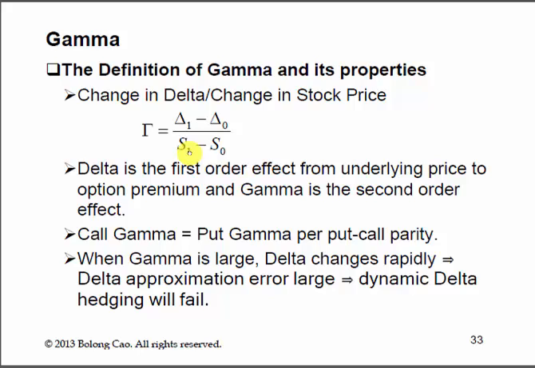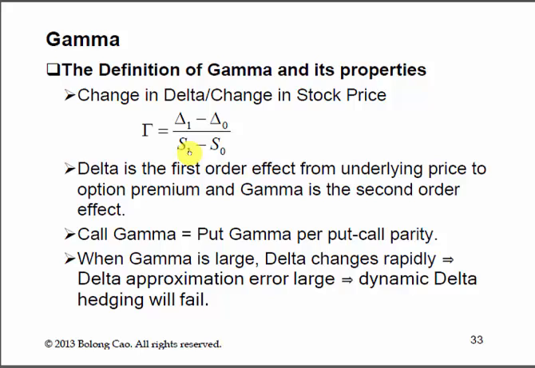It's basically how much the slope of that tangent will change, and that idea gives us how big the approximation error will be. So delta is the first order effect from the underlying price to option premium, and gamma is the second order effect.